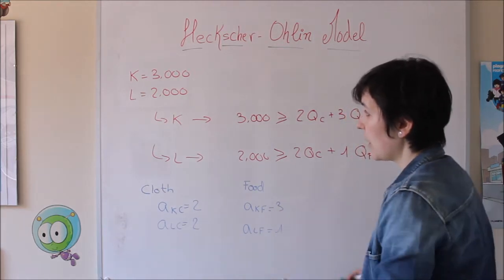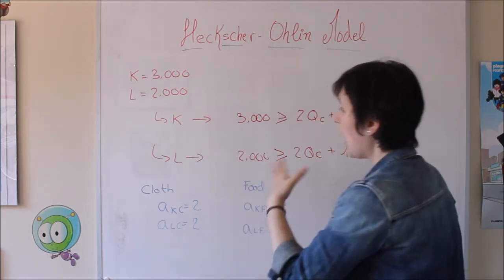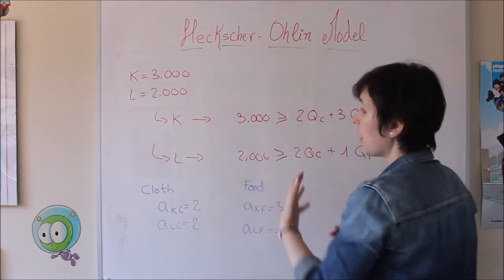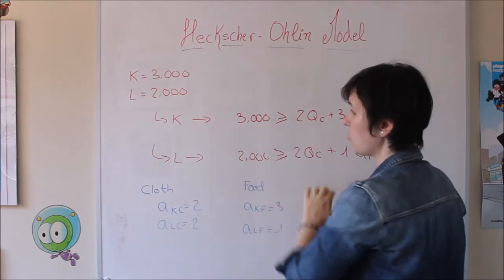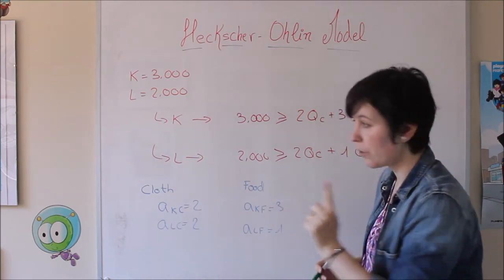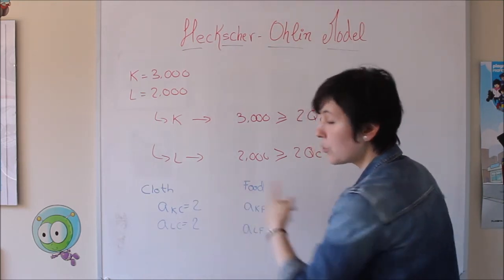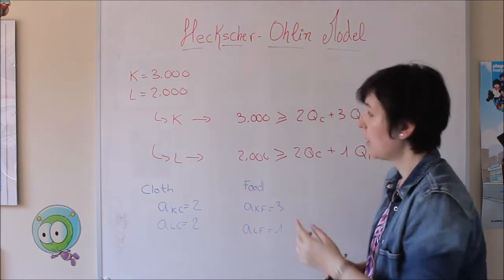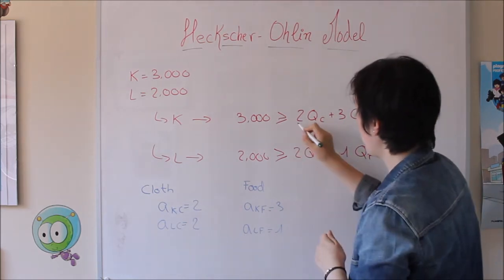So we know that in the case of capital, as maximum, this economy can use 3,000 units. We also know that for each unit of cloth, we use 2 units of capital.